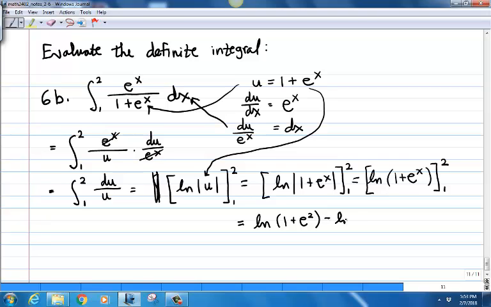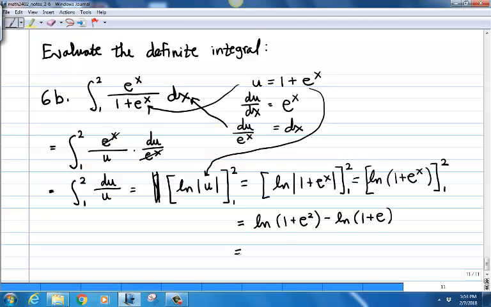So I have minus the natural log of 1 plus e to the first power, which is just e. Okay. So notice now this is a numerical value, because you no longer have any variables. We don't really have a clear idea of what number this is, but it doesn't involve any variables, so we could estimate this expression with a calculator already at this point.